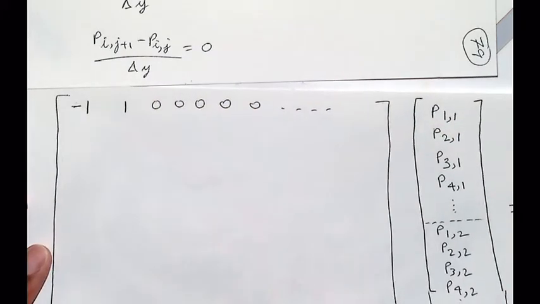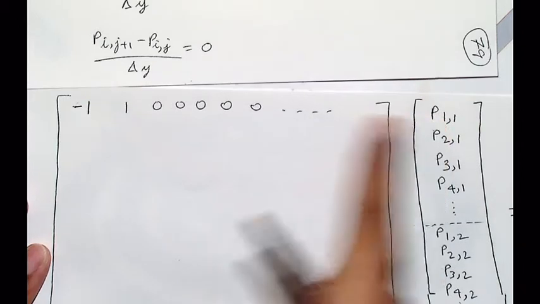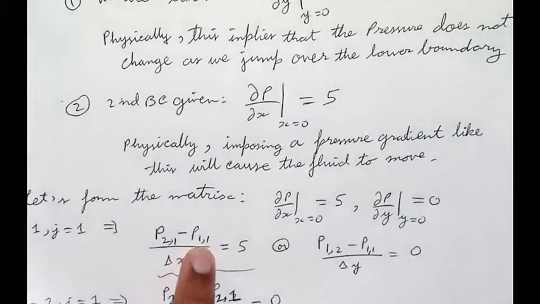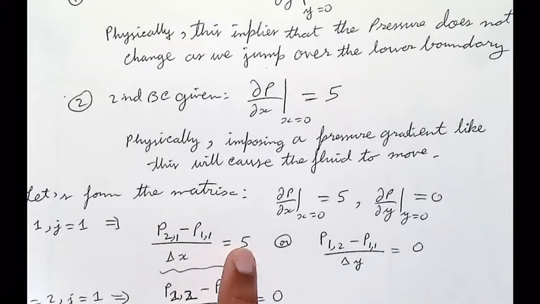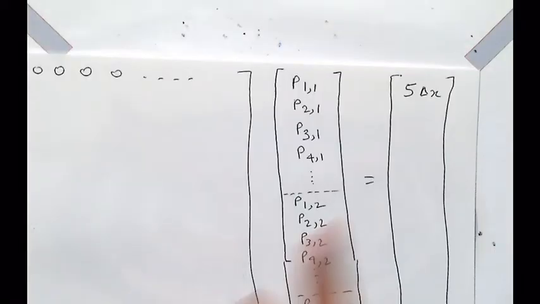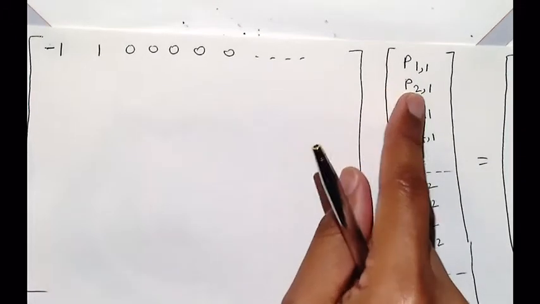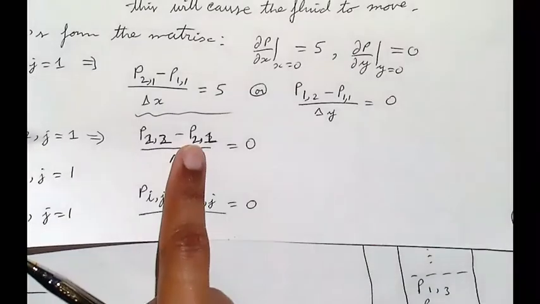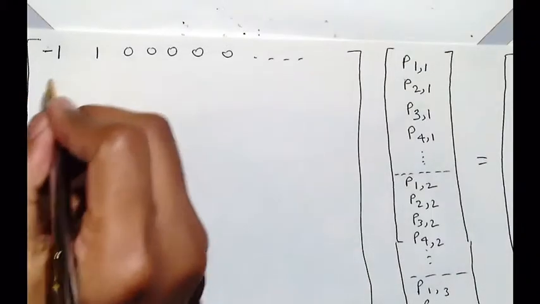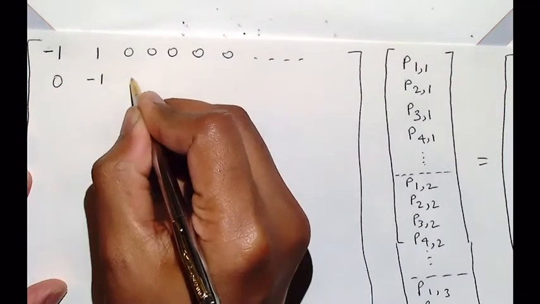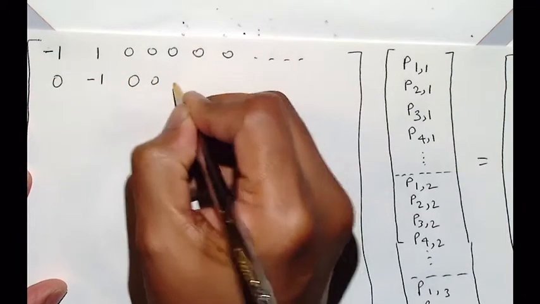So it's basically minus P11 plus P21 equal to 5 delta x. All right, so next one, let's see, P21. So again, minus 1, 0, minus 1, 0, 0, and so on.